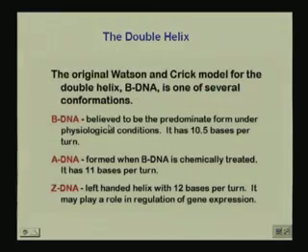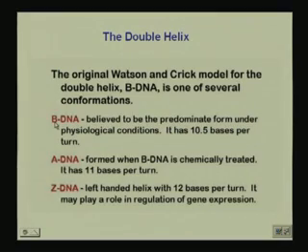Now, there are 3 types of DNA. The original Watson and Crick model just completed 50 years; it was first discovered in 1953, and the paper is available on the net, where you can look at the original paper of Watson and Crick that came out in Nature.